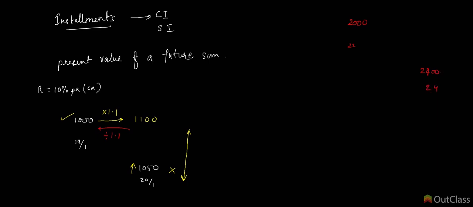What would you take? You can either normalize it by taking this 2 years forward, which will become 2,420, multiplying by 1.1, and then again by 1.1. Then you'll say 2,420 is greater than 2,400, so I would choose this option, 2022.